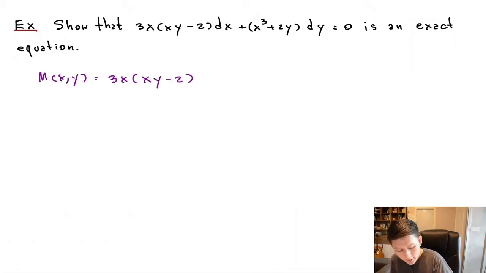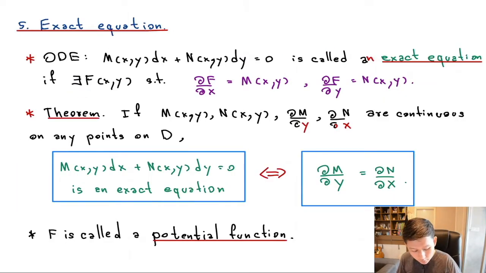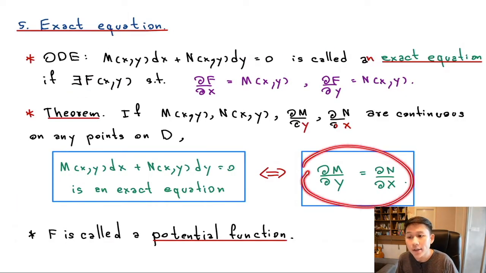And N(x,y) is x cubed plus 2y. In that case, we want to check that it is an exact equation, so what we need to do is check whether or not dM by dy equals dN by dx.